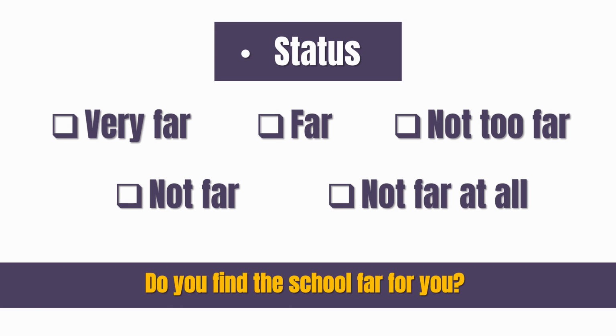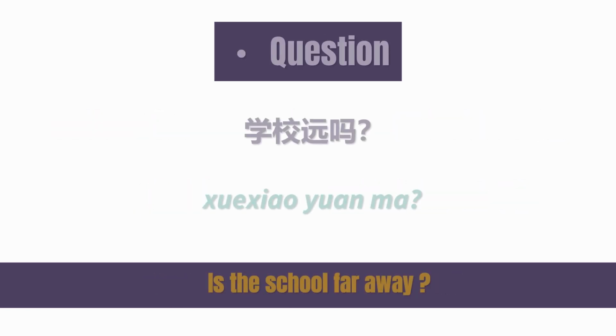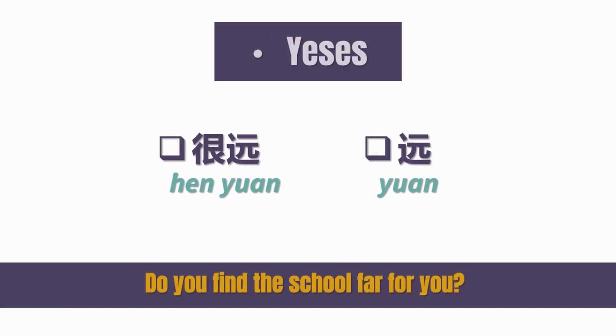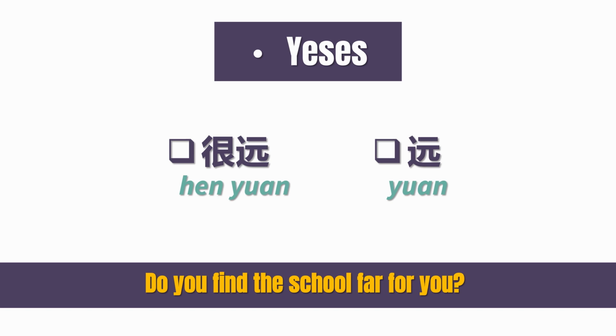So now, let's repeat the question and answers again. 学校远吗？很远，远，不太远，不远，一点也不远。And saying yes here means making a decision between very far or far, 很远 or 远。 Now, let's take a closer look at the questions with which you better answer with something else rather than 是的 if you want to say yes.